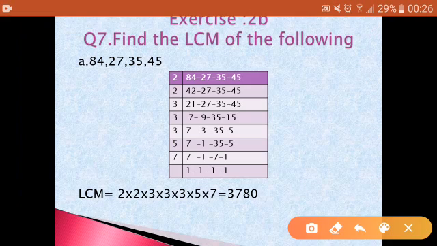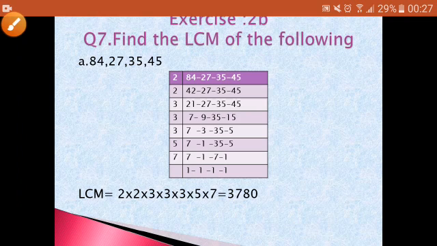Next 27, 35, 45 are odd numbers, so we cannot divide them by 2, so these will remain as they are. Second step, 42 is divisible by 2. 27, 35, 45 remain as they are because they are not divisible by 2. So 2 times 21 is 42, and then 27, 35 and 45 remain as they are.